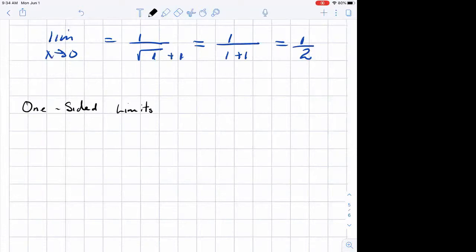So if I give you an example, you know how to find limit. Suppose I ask you, find the limit as x approaches, let's say 1, for the function the square root of 4 minus x squared.